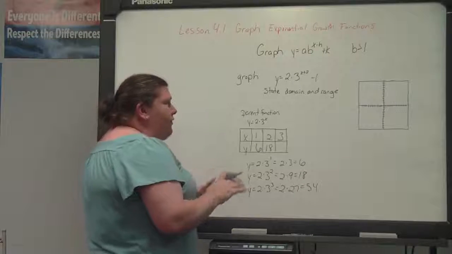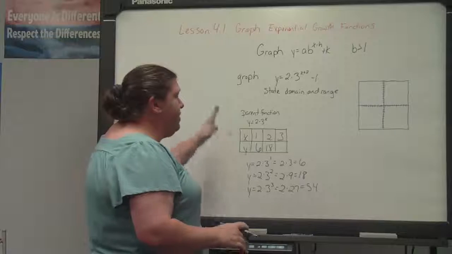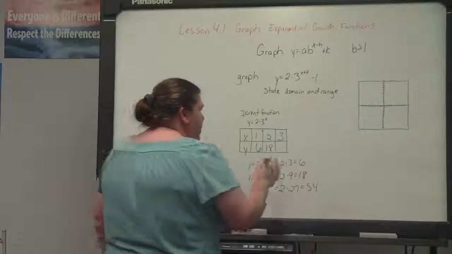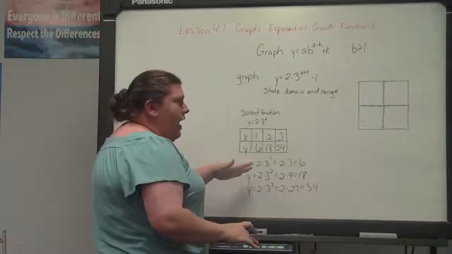Now, I'm going to graph this, but I'm going to graph it in 2 colors so you can see my parent function and then how we change it. So the first thing I want to do is graph the numbers that I have.